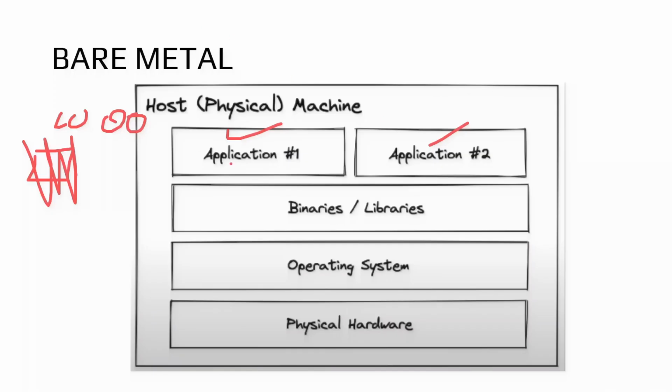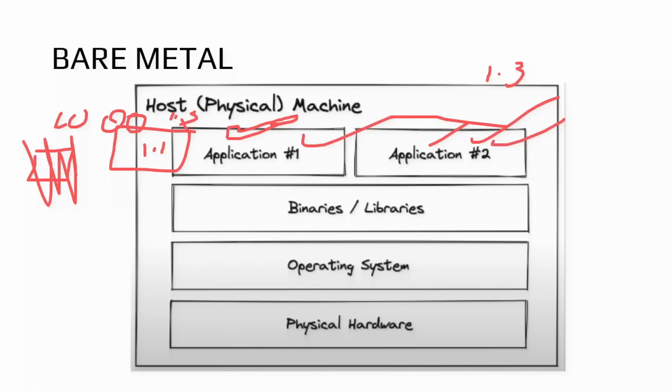And another problem is, suppose you have some package here which uses version 1.1, and application 2 works only in version 1.3. Then what do you do here? You need to upgrade this to 1.3 such that it accommodates both application 1 and application 2.